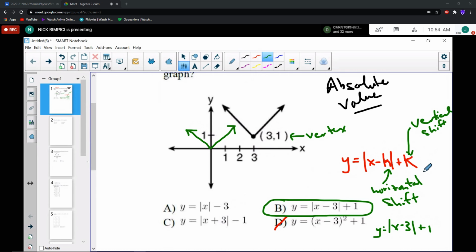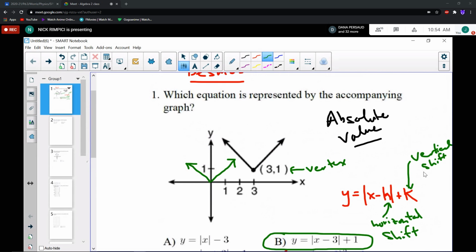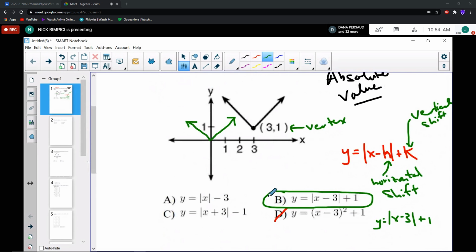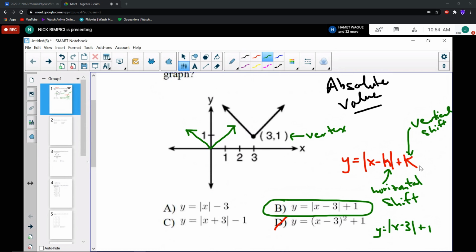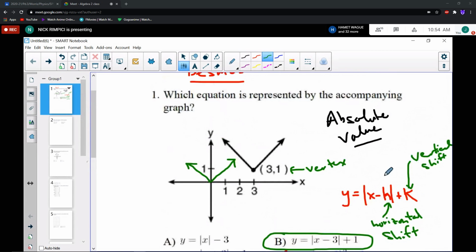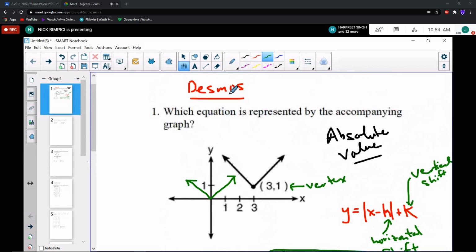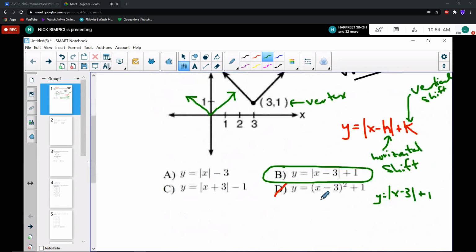So my advice for now is to just graph the choices using Desmos, and whichever one gives you the right picture is the answer. If you want to use the equation, feel free. But since we don't have a ton of experience with this yet, it's probably easier and faster to use Desmos. But that's up to you.